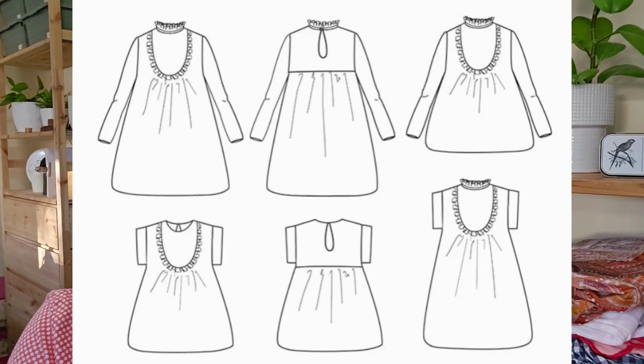There's a yoke with ruffles. It has 2 lengths, blouse or dress above the knee. You can put in a stand collar with ruffles. You can have classic long sleeves or kimono style short sleeves. I think they're called grown-on sleeves now. And it's a versatile sewing pattern with 8 possible versions.